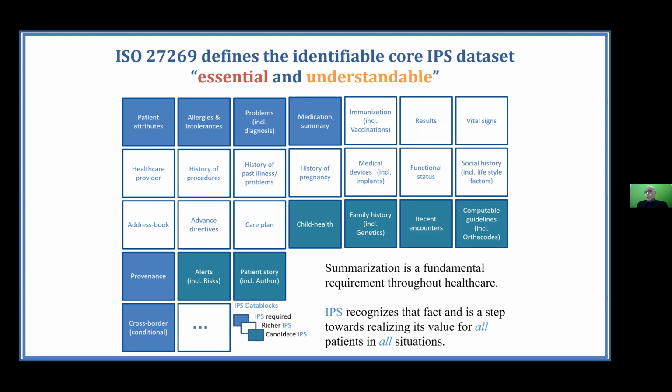And for the clinician, the attending clinician is likely to have very little knowledge about the rare disease. It may be their first time, and they will probably never see this case again. So they will need some guidance, and computable guidance for the IPS would be very useful at this point.